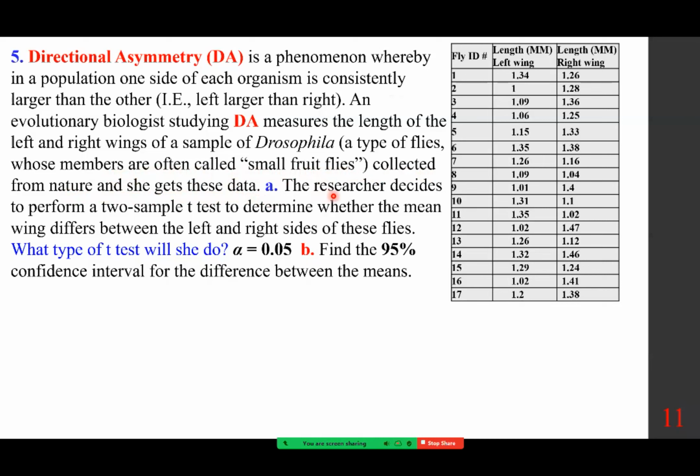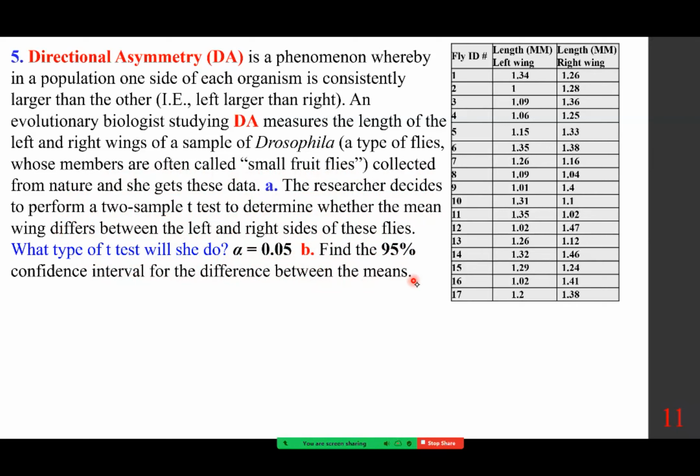A, the researcher decides to perform a two-sample t-test to determine whether the mean wing length differs between the left and the right side of these flies. What type of t-test will she do? A equals 0.05, and B, find the 95% confidence interval of the differences between the means.